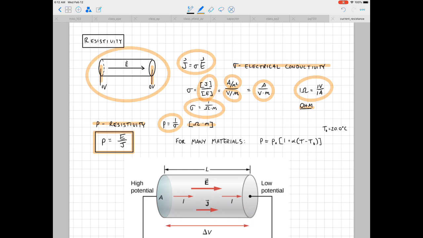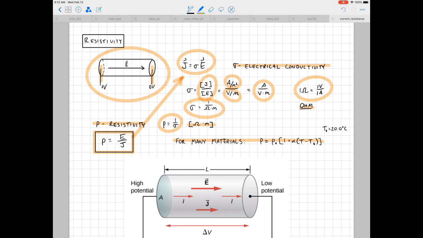And so the resistivity, again, since we have this definition, the resistivity is related to the electric field divided by the current density. And one thing to point out is that for many materials, the resistivity is temperature dependent. The resistivity is essentially a measure of how difficult it is for charges to move through the material.